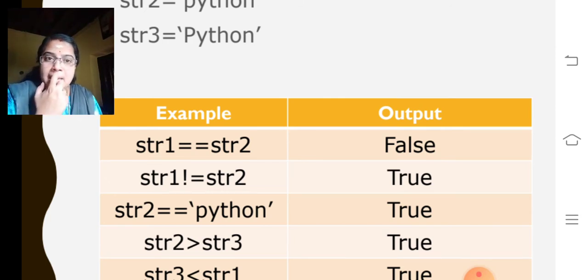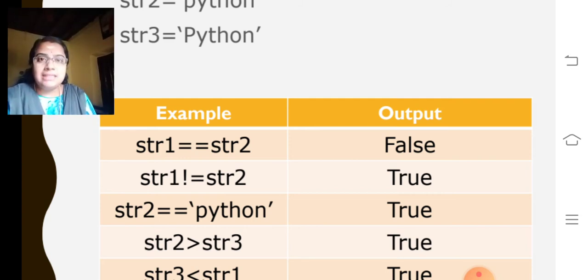That is, if you check small letter a against capital A, what checking actually happens there? 97 greater than 65, so it automatically becomes true. My dear children, the comparison operators work like that.